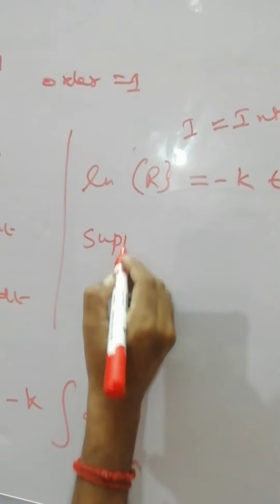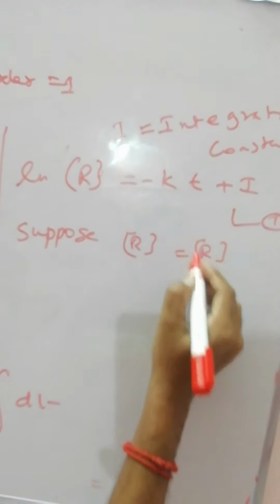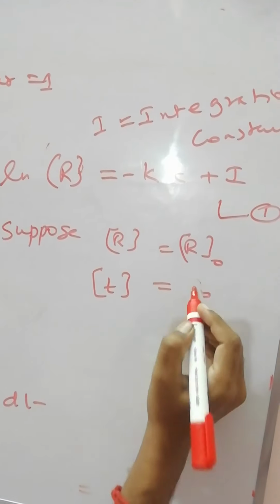Suppose R is equal to R0 and t is equal to 0.